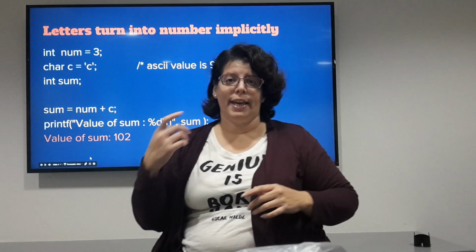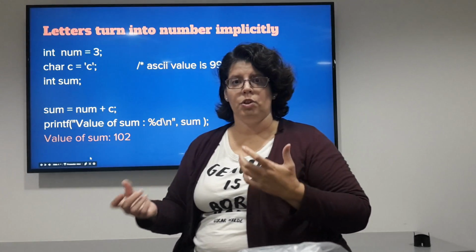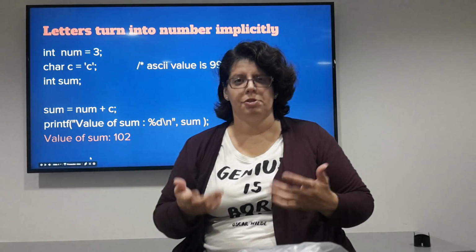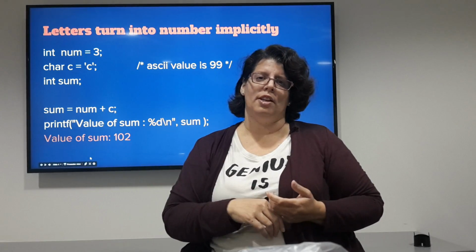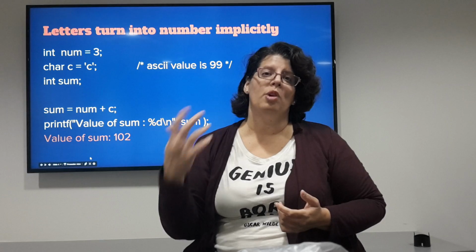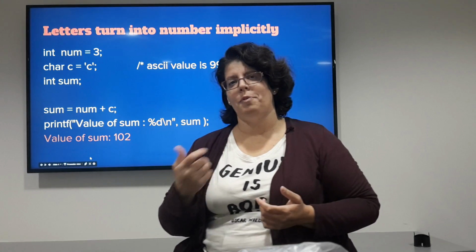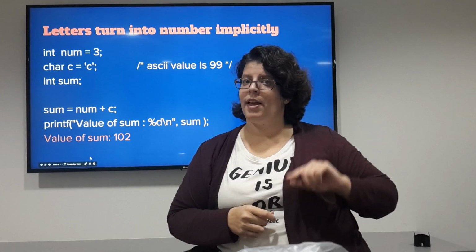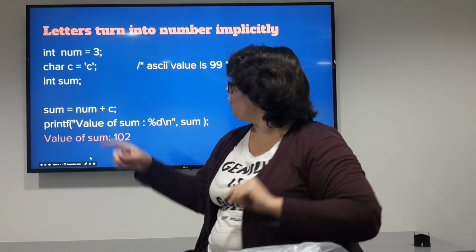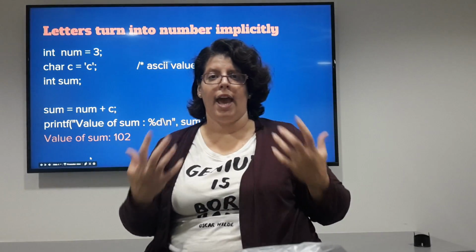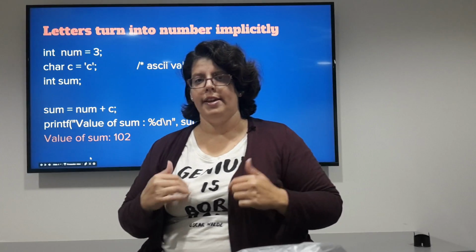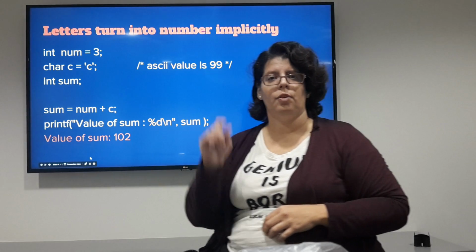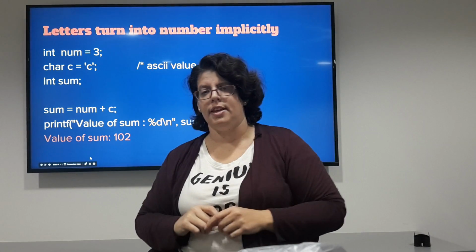Whenever you're adding a character to an integer and doing this mathematical operation, it thinks, I'm adding here. You just give me numbers. Oh, you probably were silly and put a C by mistake. What you really meant to give me was the numerical representation in ASCII of a letter C. So if you were to look at the ASCII table and find out lowercase c, what ASCII value is lowercase c, you will see that ASCII value is 99. So position 99 is lowercase c.